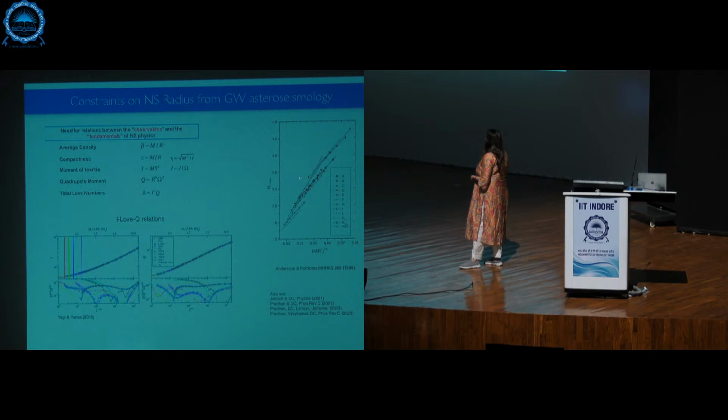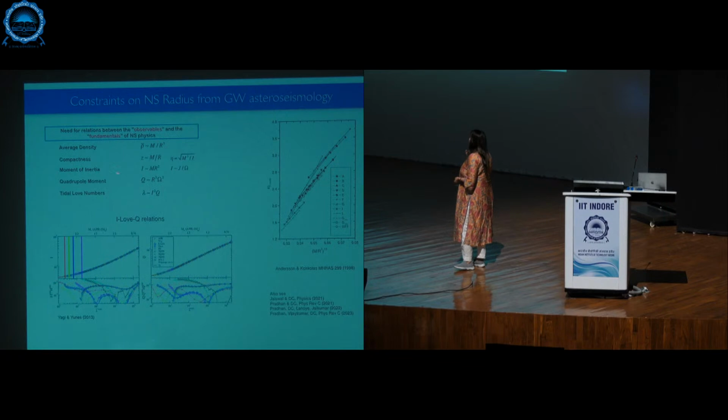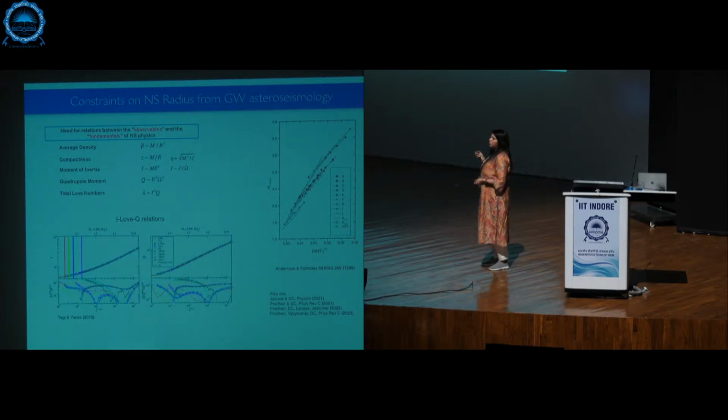If we can find some kind of universal relations that relate the properties of the neutron star, for example, its density, compactness, moment of inertia, then we could also derive some kind of relation with the frequency or with certain other observable features like the neutron star's moment of inertia, quadrupole moment, and so on. This is something that within my group we have been investigating in great detail.